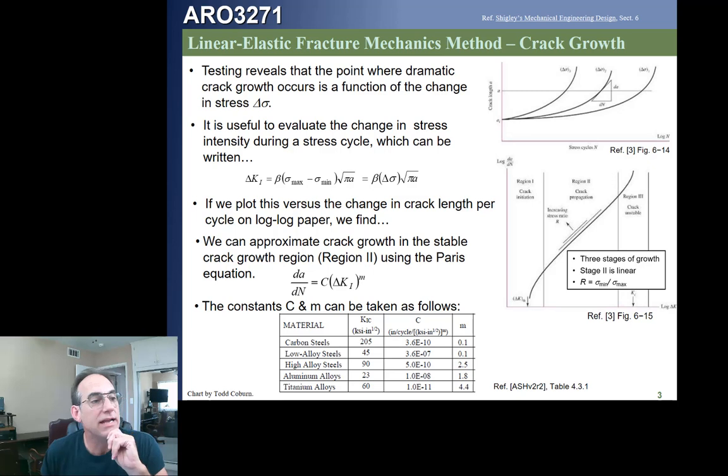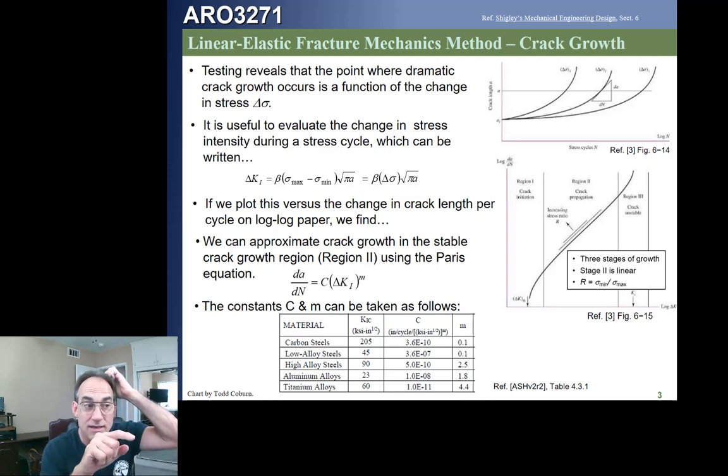So we're going to get those, and we're going to use this equation to approximate how that crack changes. We already know how to evaluate fast fracture as a function of our crack length, and we can use this to say, well, if we have 1,000 cycles, we can use this equation to find out how much that crack length should change. 10,000 cycles, we use this equation to find out how much it changes.